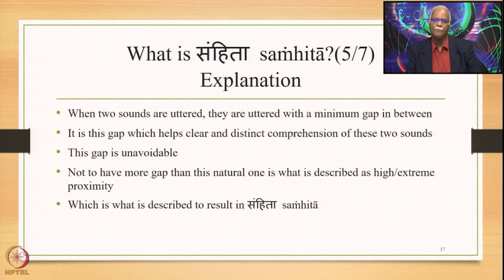Not to have more gap than this, natural one, is what is described as high or extreme proximity. I repeat, not to have more gap than this, the one that is natural, is what is described as high or extreme proximity, which is what is described to result in samhita.